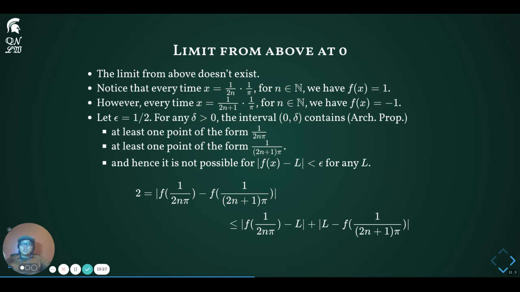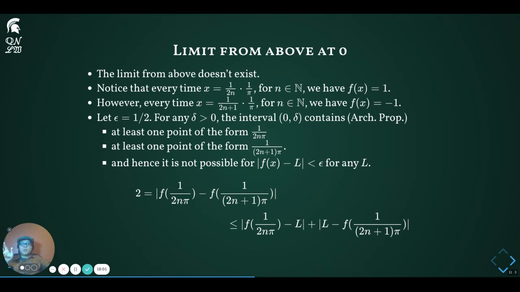The statement starting for every epsilon there exists a delta, our negation should say there exists an epsilon such that for every delta, the statement concluding that f of x is within epsilon of the limit for every x in an interval, our negation should say that for any possible choice of limit, f of x is more than epsilon away from it at some x in the interval.